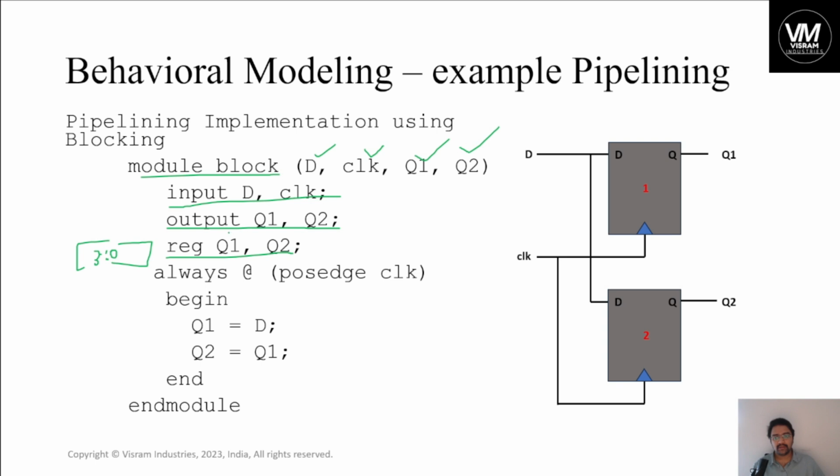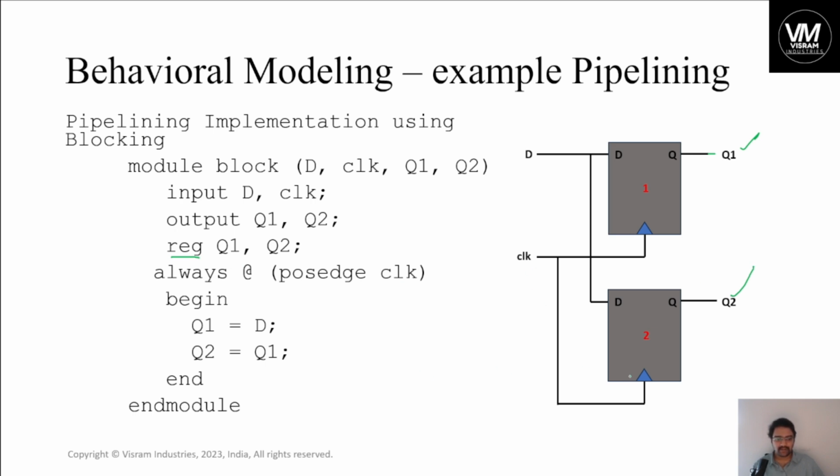Because flip-flop outputs can be declared by default as 1 bit here in this example, not to confuse you. When you write a register, it is good to write single bit, but if it is single bit, leave it as it is by default. All outputs are registers, so whatever comes from the output can be registered. Inputs are D and clock.